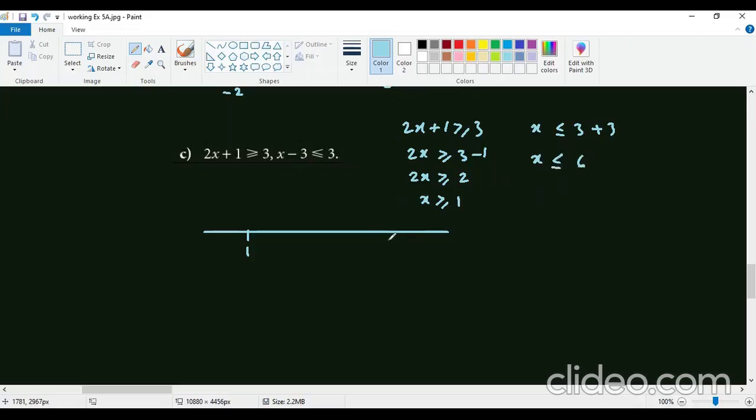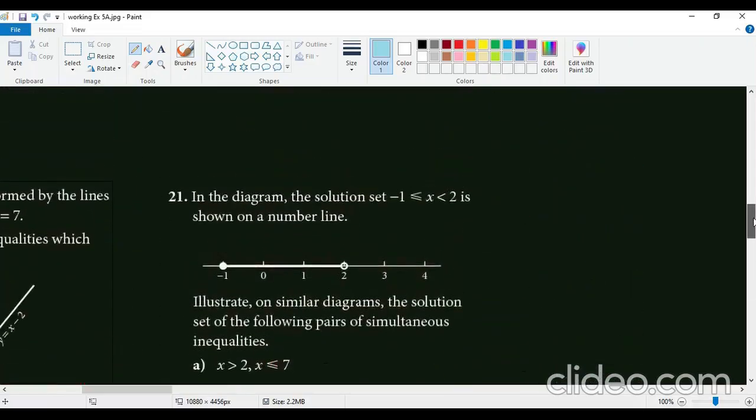So it's going to be 6 over here. And since both are greater than or equal to, both are going to be filled circles, because both of them are including 1 and 6. This is how this 21 is solved.